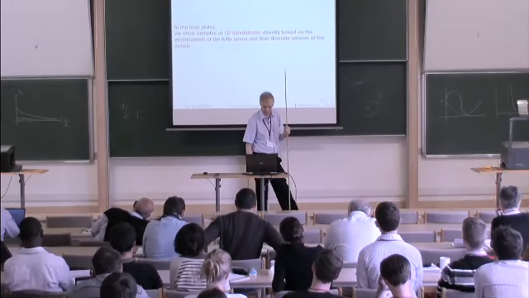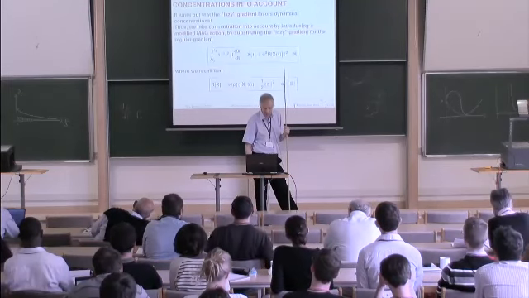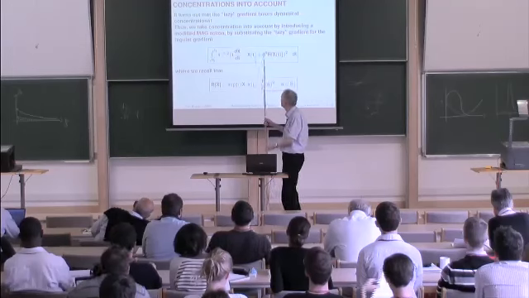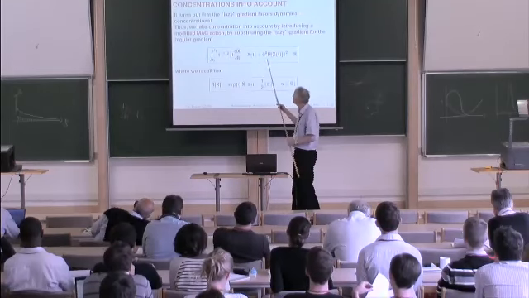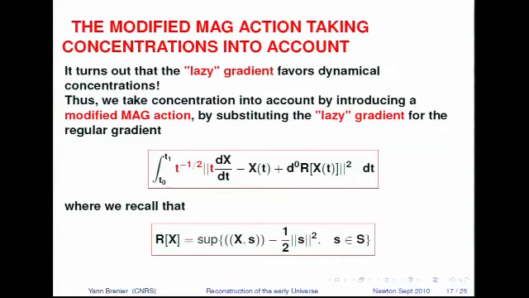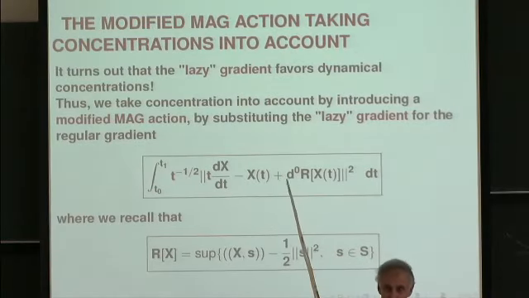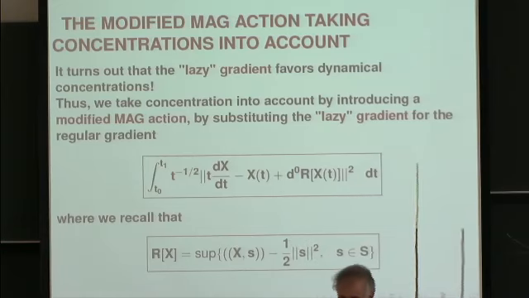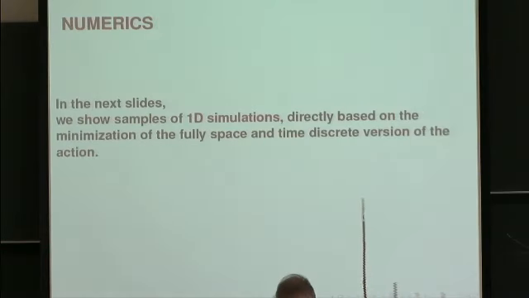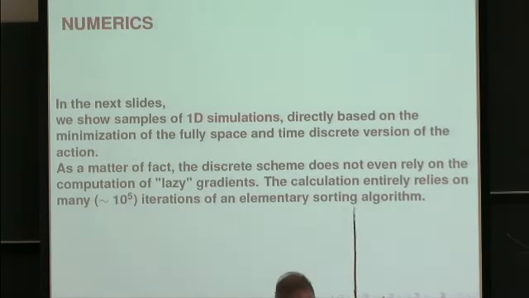action. So actually, in practice, we make a time discrete version of the scheme, and we put the residual in the formula, and we do the minimization. And in 1D, it turns out that you can do that by doing a lot of sorting algorithm.